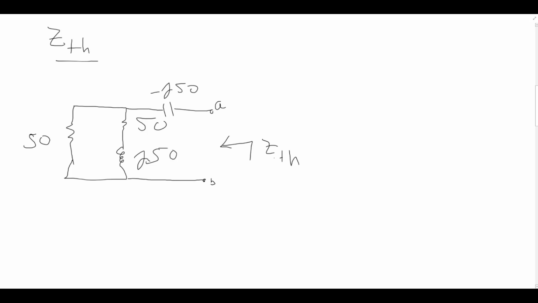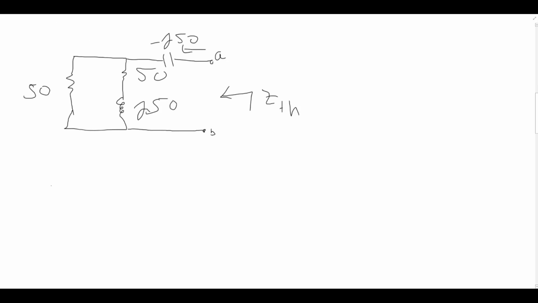When calculating the Thevenin resistance, we start right from A. Going in, we have a series of minus J50, so Z Thevenin equals minus J50, and then the 50 resistor is in parallel with the 50 plus J50 impedance.